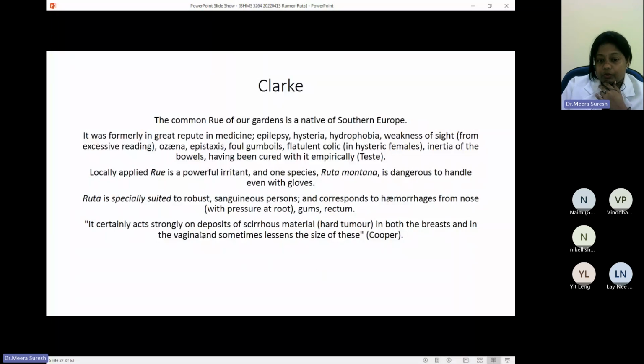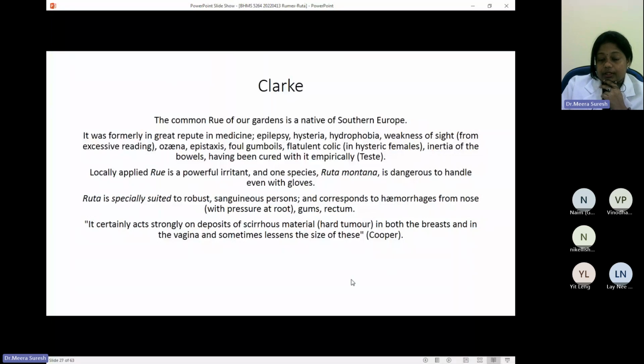But more than that, this one will be good to remember. It certainly acts strongly on deposits of serous material or hard type of cancer in both breast and in vagina, and sometimes lessens the size of these. This was told by Cooper. For exam purpose, it doesn't matter even if you couldn't remember, but remember what is given in Boericke, the carcinoma of the lower bowel.